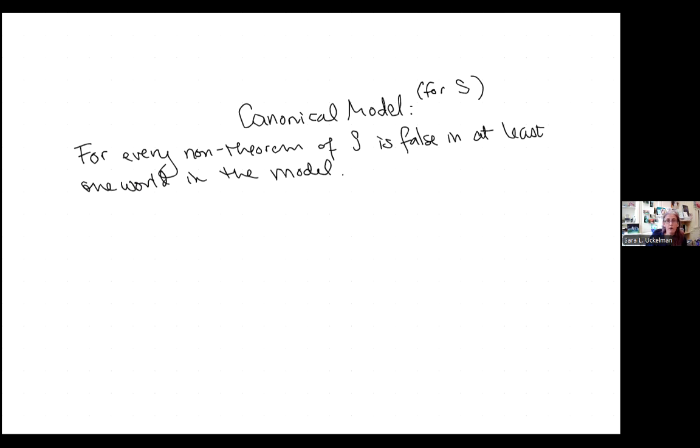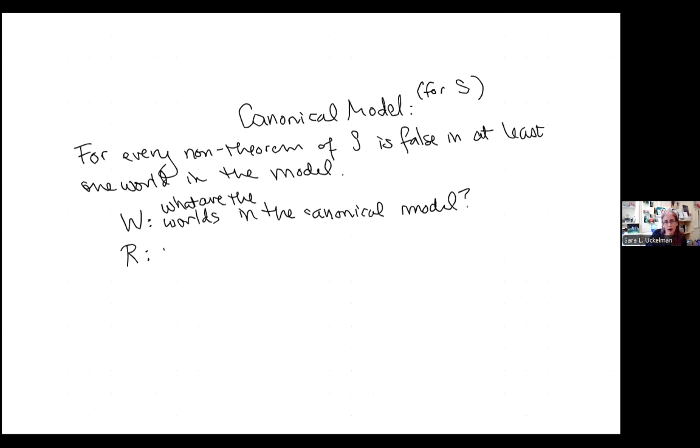This means we need to define what the worlds in the canonical model are. When are two worlds in the canonical model related?